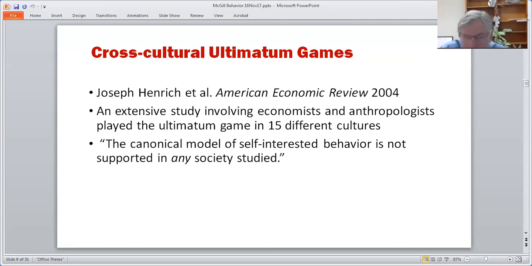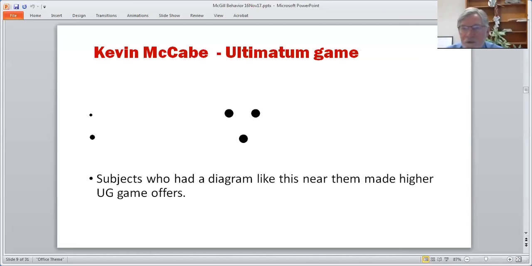This was funded by the MacArthur Foundation, and the study involved economists and anthropologists all around the world. They played this in 15 different cultures. The conclusion: the canonical model of self-interested behavior, that is, the axioms of consumer choice according to standard theory, was not supported in any society studied.